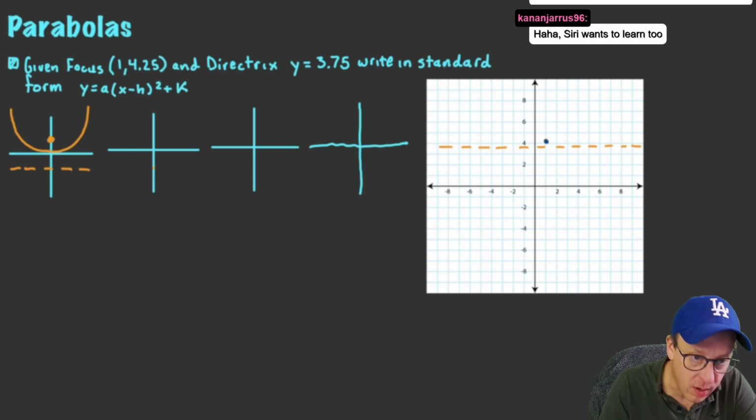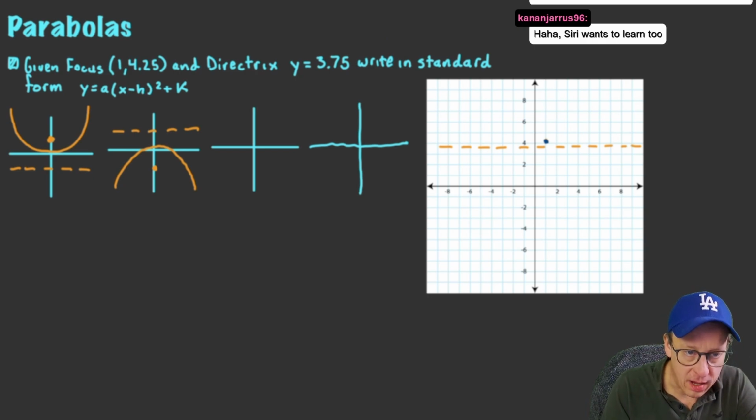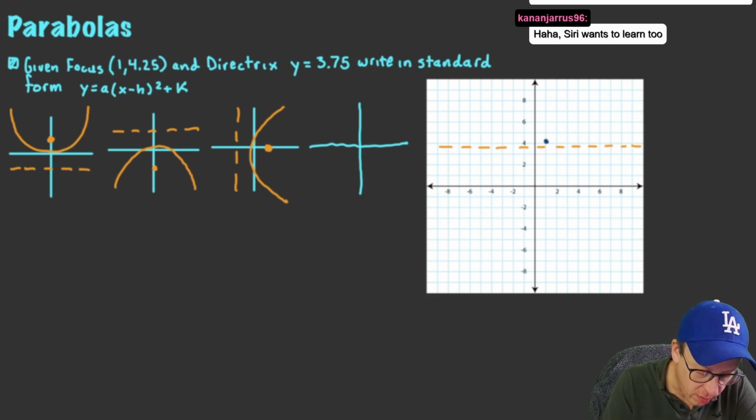Hence, let's say if you had another focus here and a directrix right here, again, you know your parabola is going to look like that type of a parabola. Again, if we had the directrix here, and the focus here, where's your parabola going to be? It's going to be like that.